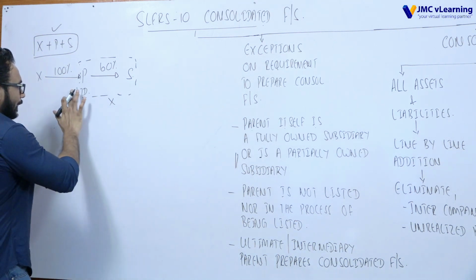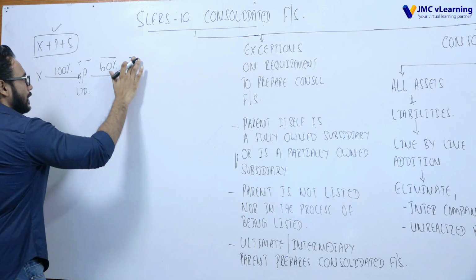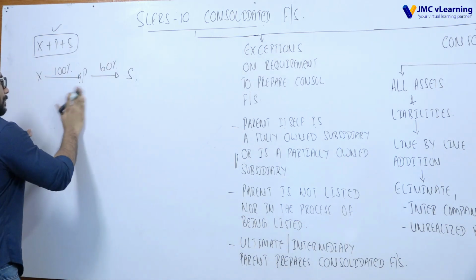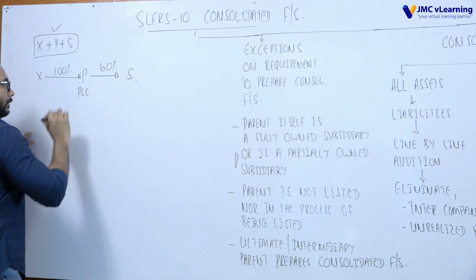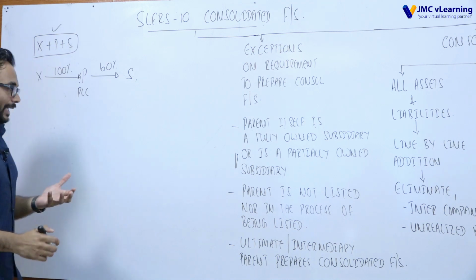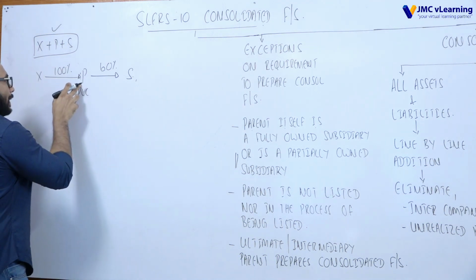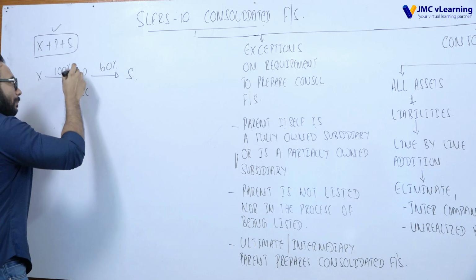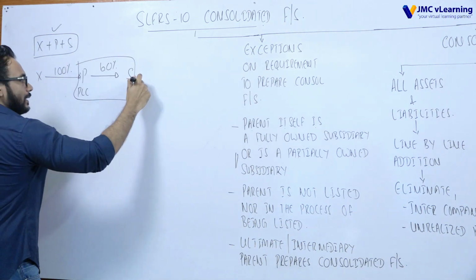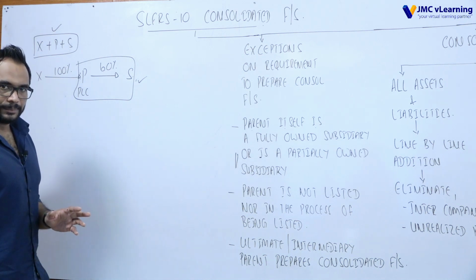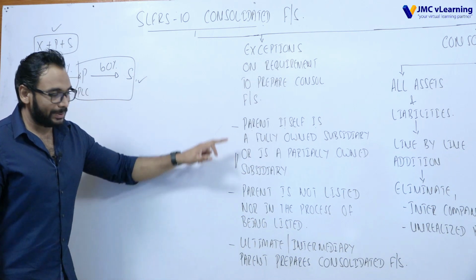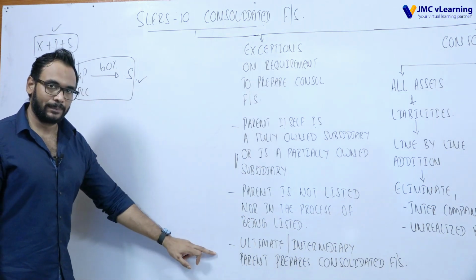However, in that same example, in the same structure, if P Limited was a listed organization, a public listed company, in that case, even though P is a 100% owned subsidiary, P still should prepare consolidated financials combining its own subsidiary. So all three conditions have to be satisfied together.